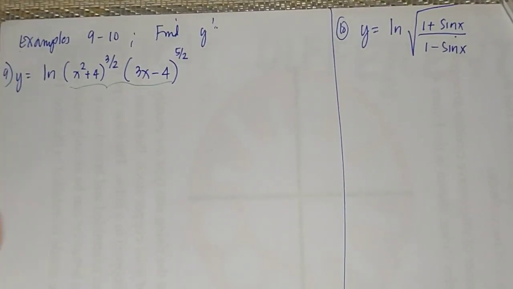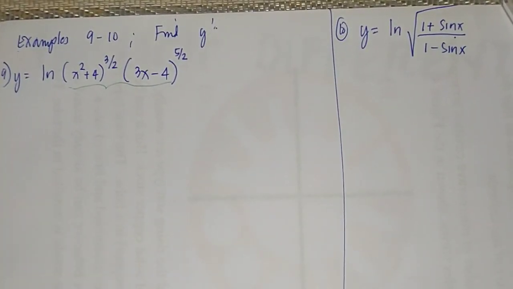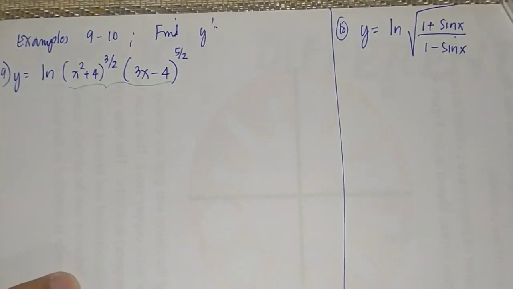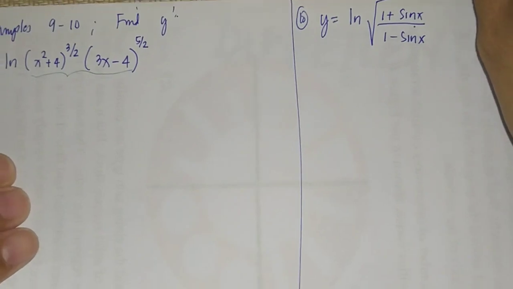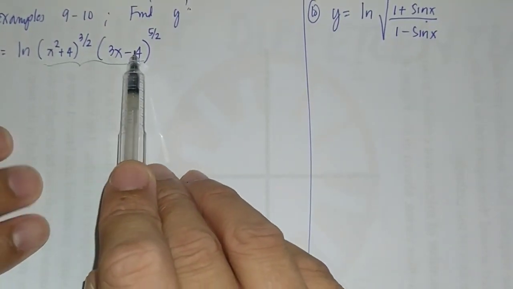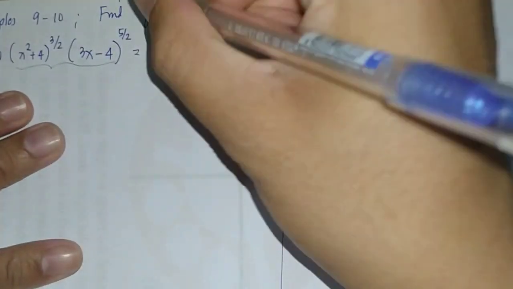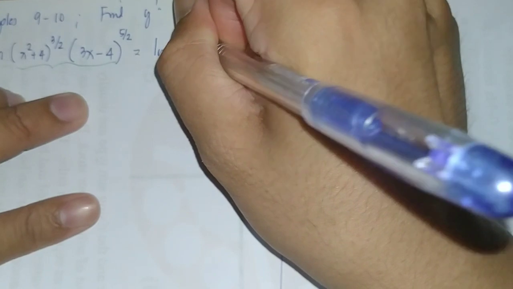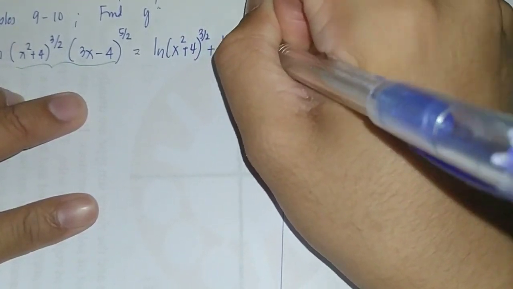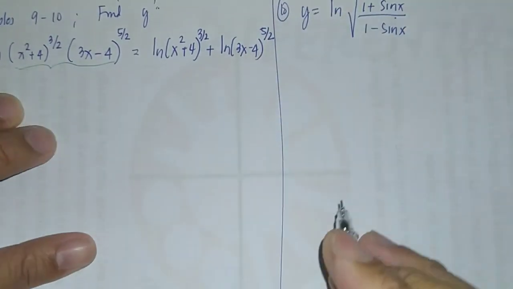So, since ln ang pinag-uusapan, I can apply properties ng logarithm first prior to differentiation para mas mapadali ang ating pag-differentiate. So, I have here ln of a multiplied by b. Since this is a product, this can be written as a sum. So, this is ln x squared plus 4 raised to 3 halves plus ln of 3x minus 4 raised to 5 halves.